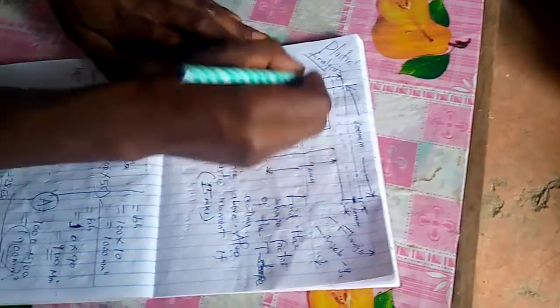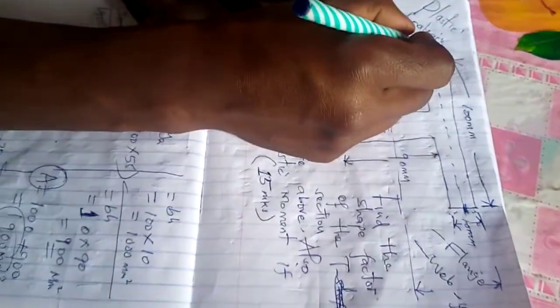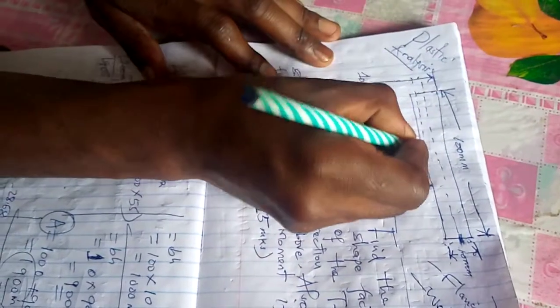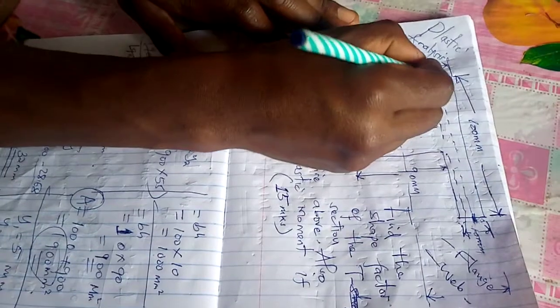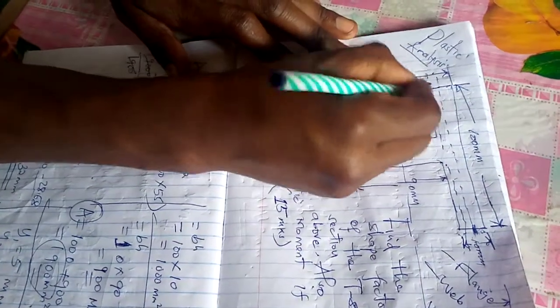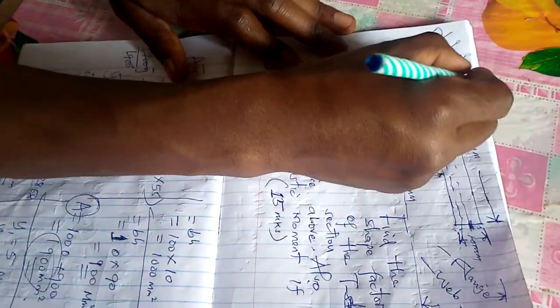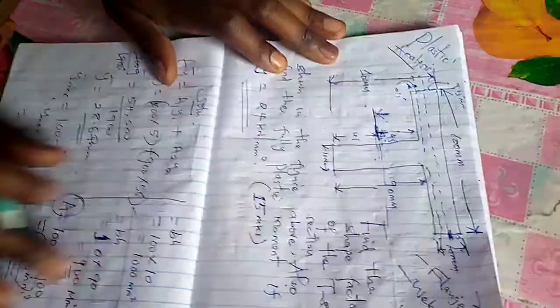So meaning we have the neutral axis through this point here. So from here to here is 0.5, then here is 9.5 millimeters.